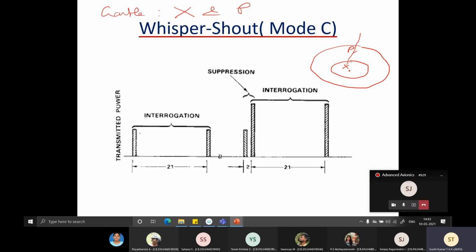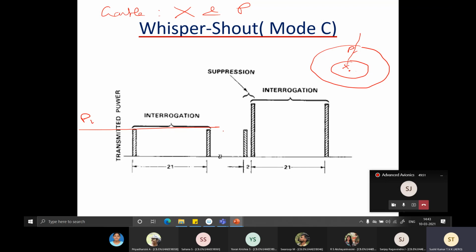So initially, I'll send the interrogation pulse at a very low power level, P1, such that aircraft P will not receive it because it's at a farther distance. Its power goes as 1 by R squared, so definitely it's not going to receive.